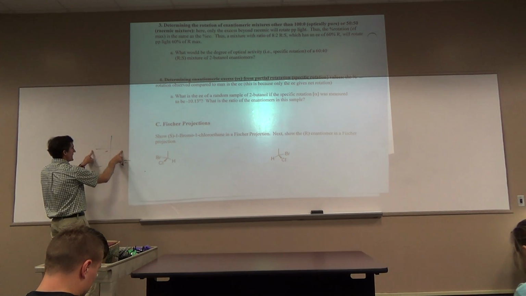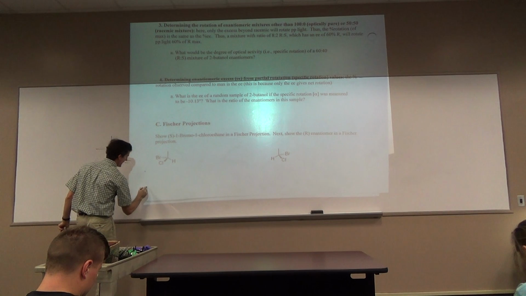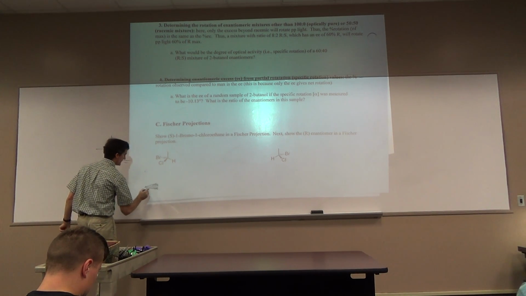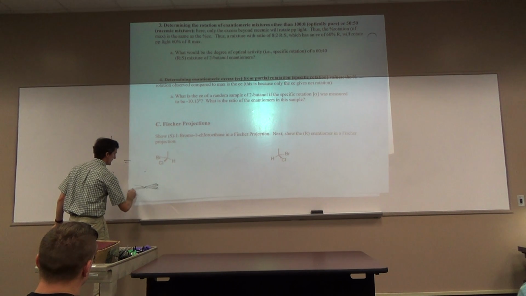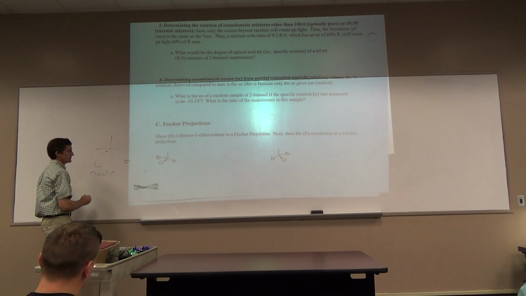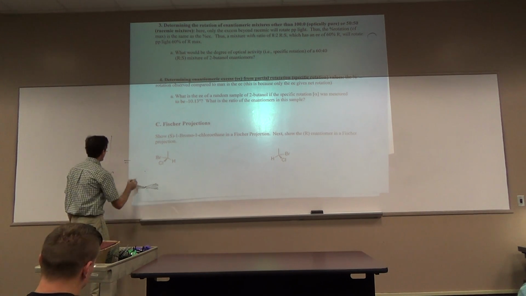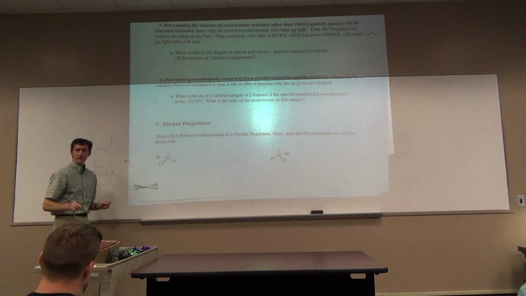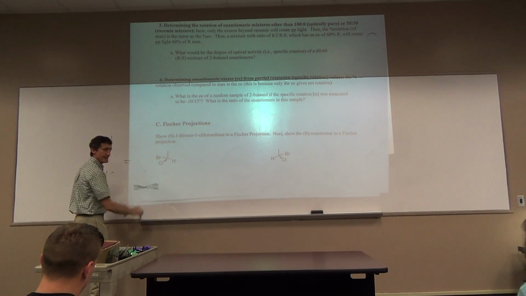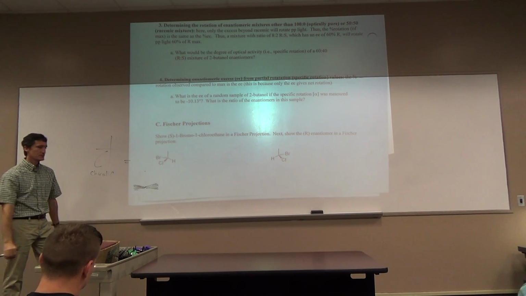The bonds on the side are coming out at you. And so it's like this. The bonds at the top and bottom, that's kind of like a bow tie, kind of coming out a little bit, or like cat whiskers. You may see this.